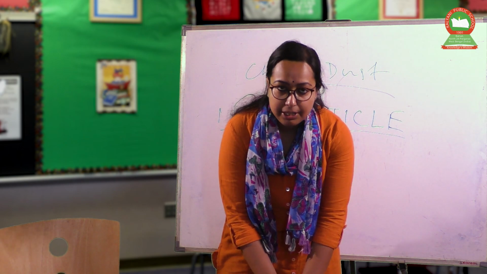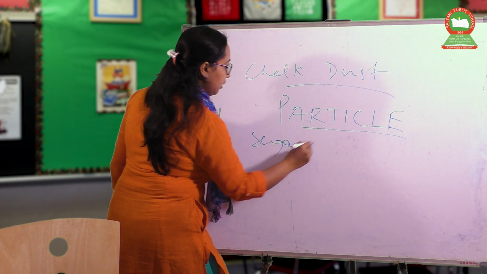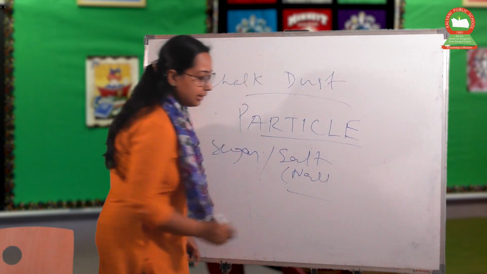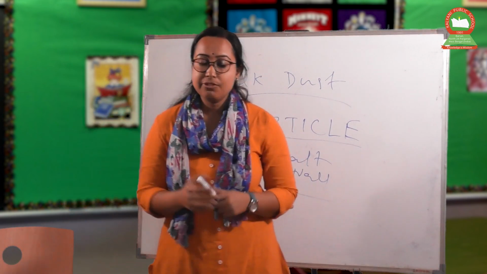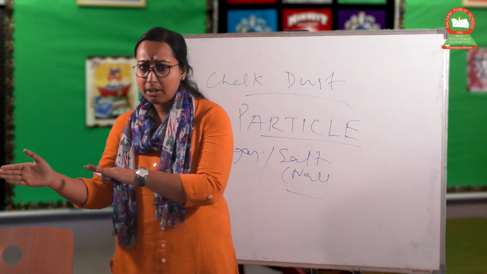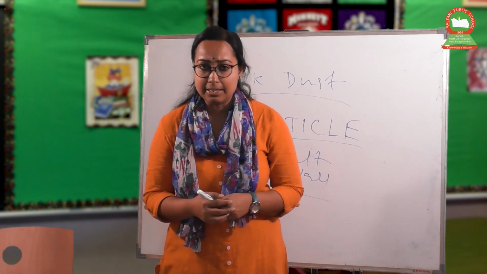So if we take sugar or salt, salt means NaCl, right? It will be miscible, that means it will be dissolved into that water. So what will be the difference between this chalk and the NaCl, that means the salt?